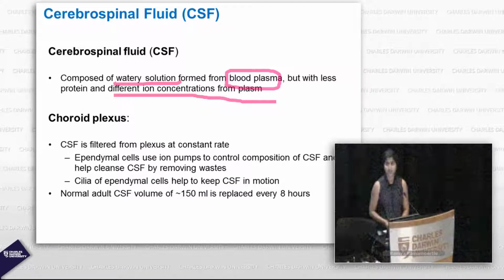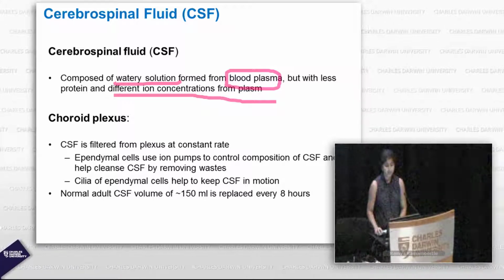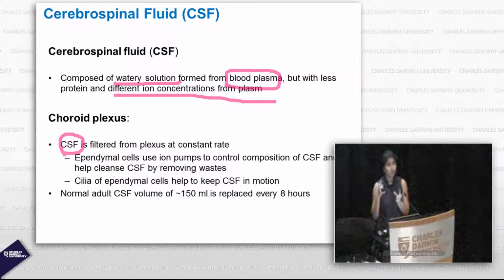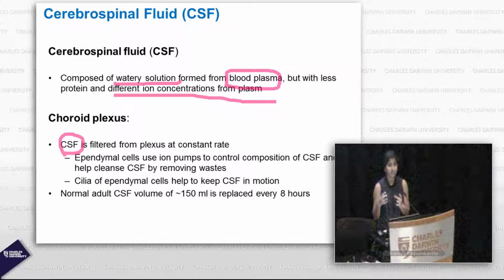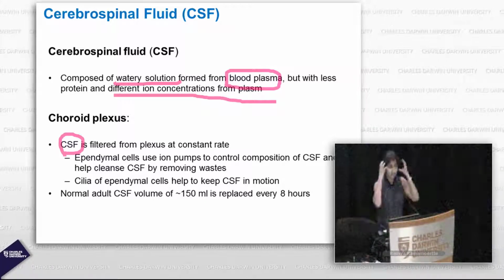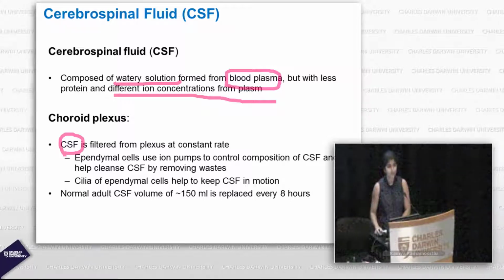This is very important because CSF bathes the whole structure in water, which helps reduce the weight of the brain structures. If the CSF wasn't there, the brain structures would collapse on each other and the neurons would start to die. So it keeps the weight under control.